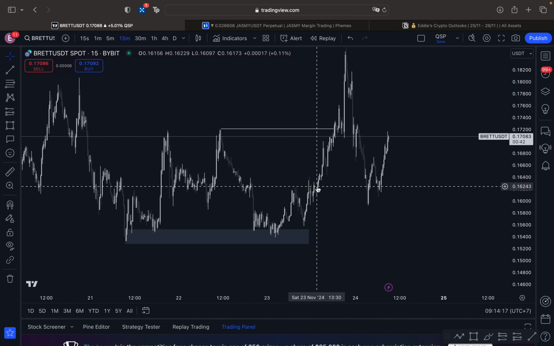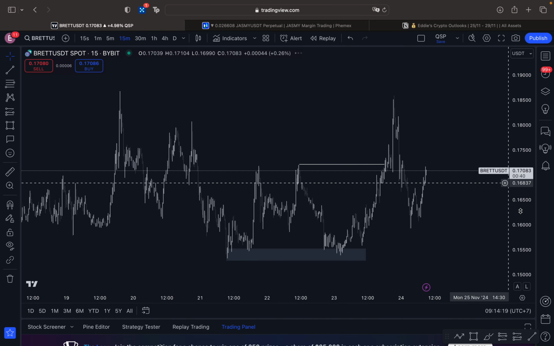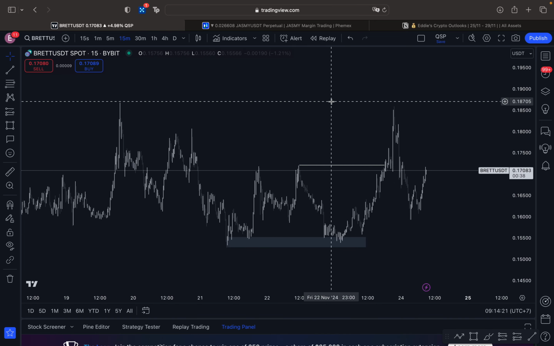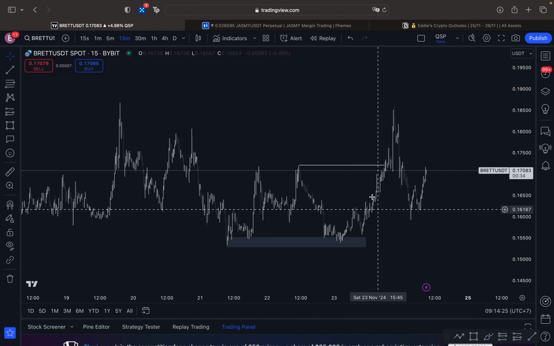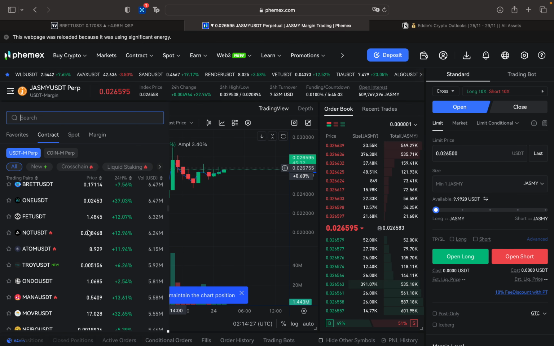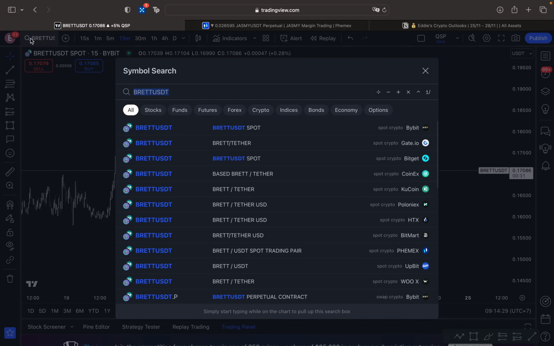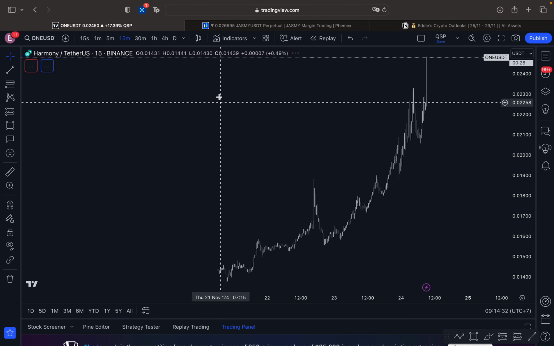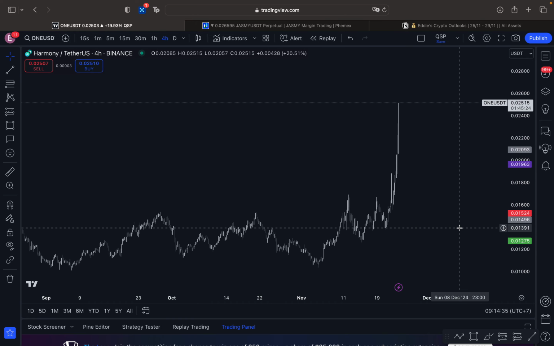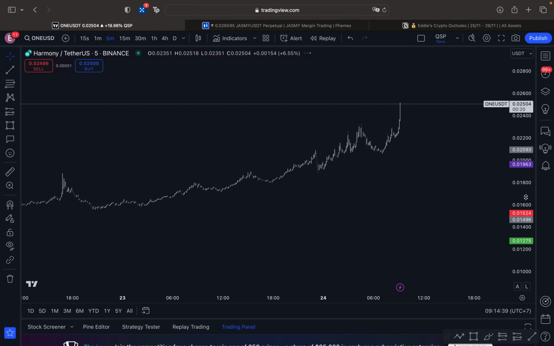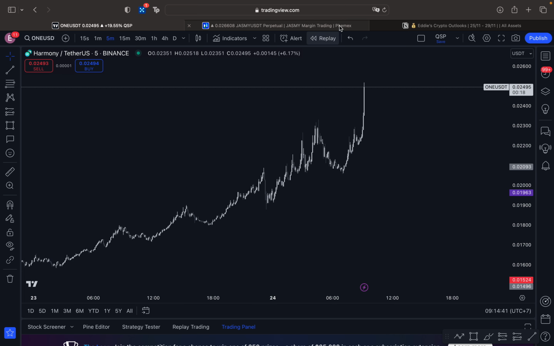But again, we're in a range, so I don't want to force it. If structure is breaking highs, newer highs, then I would be looking for trades. But the order flow stuff is just not enough. 1 USDT. Oh my days. Okay, we're going to avoid this for now.